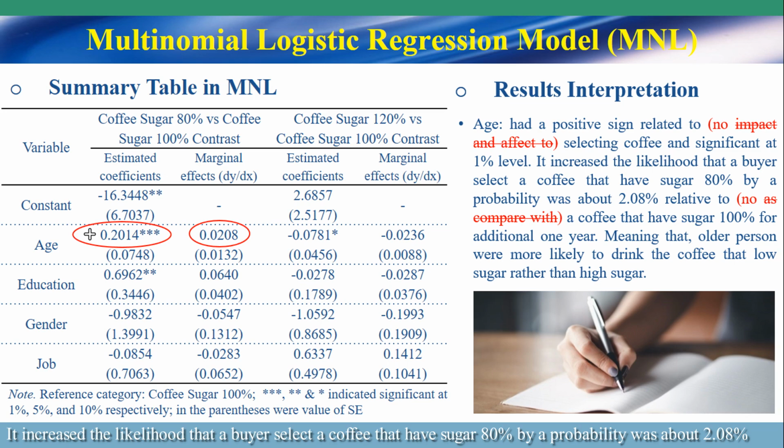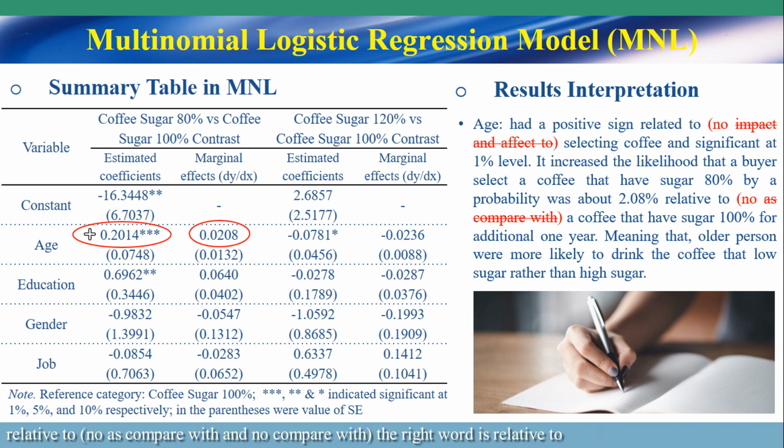It increased the likelihood that a buyer selects a coffee that has sugar 80% by a probability of about 2.08% relative to a coffee that has sugar 100% for each additional 1 year, meaning that older persons were more likely to drink the coffee that has low sugar rather than high sugar.